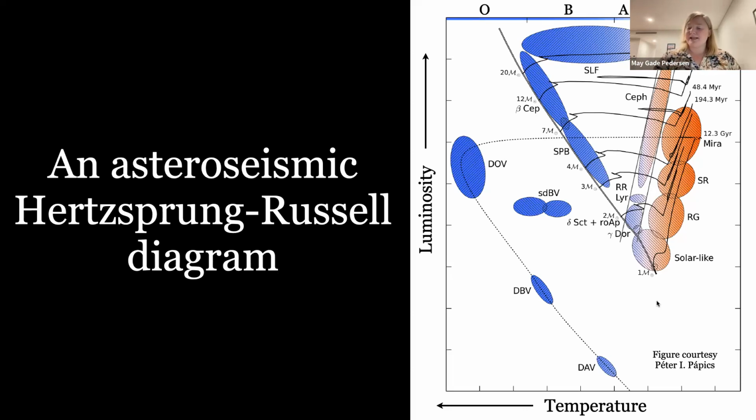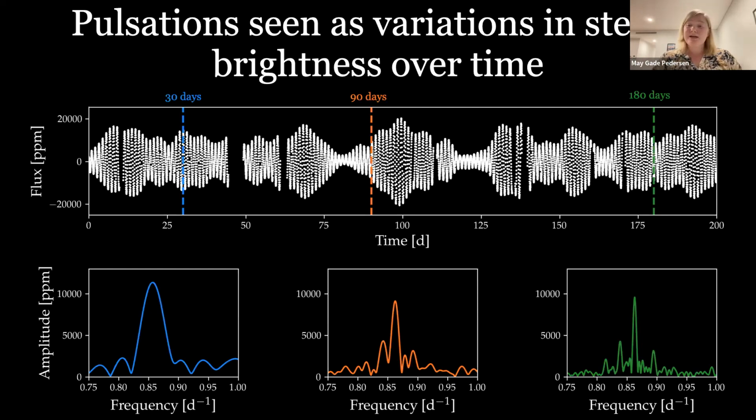Now, the pulsations themselves we see as a variation in the surface brightness of the star. And when we want to do asteroseismic modeling and study stellar interiors, asteroseismologists really want to make sure we observe the stars for a long time and have long light curves, as we call them. And why is that?